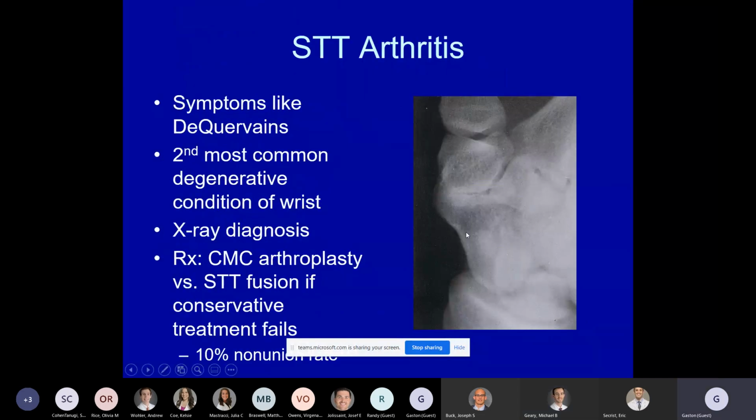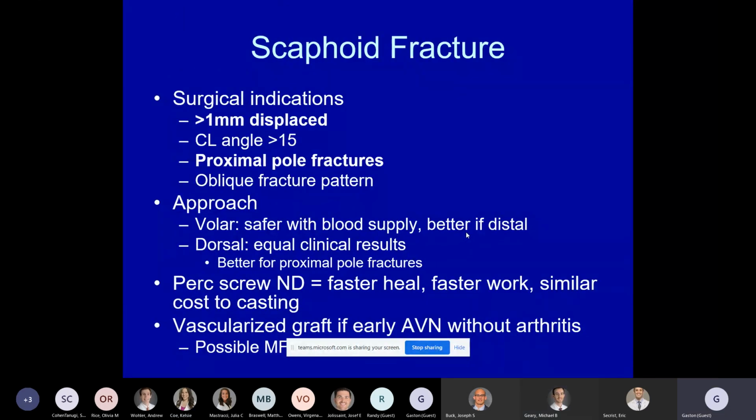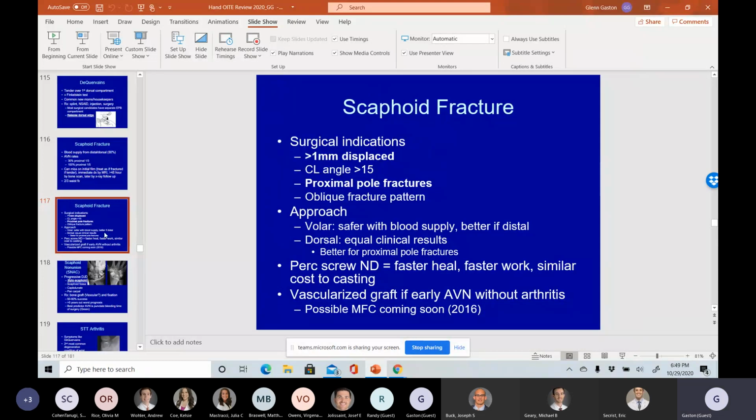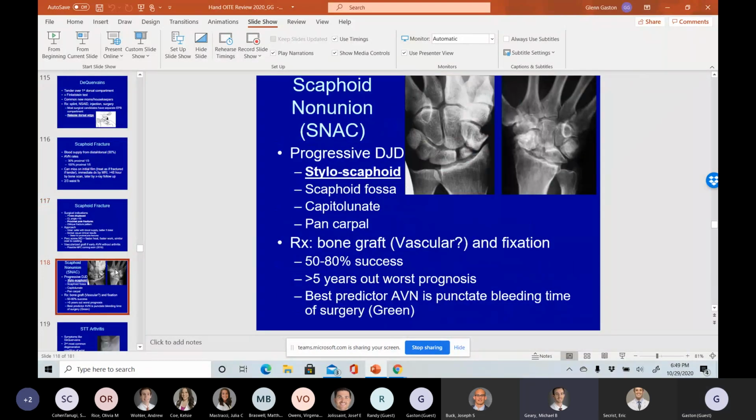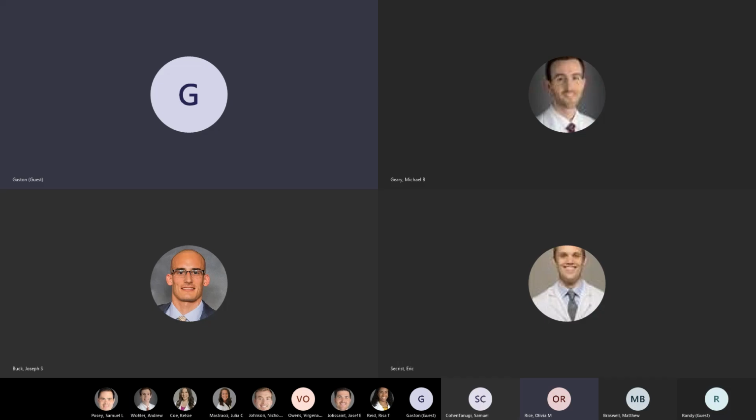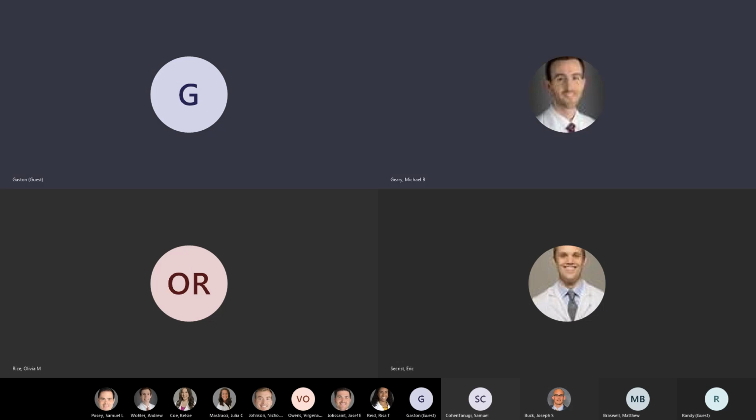Mine is changing and y'all's isn't. Maybe try stopping sharing your screen and reshare it.